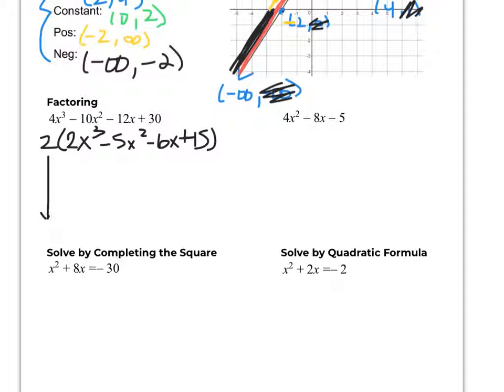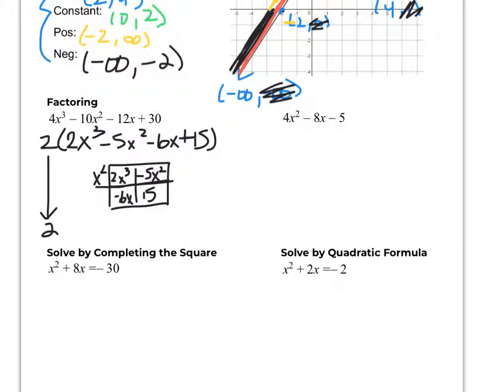So I'm going to bring down my 2. And when I have 4 terms, the most missed question on the midterm right here, y'all, was first term, first box, last term, last box, and then we put the other 2 wherever. Then we factor out our GCFs. You know how to do this. The GCF of my first row is x squared.